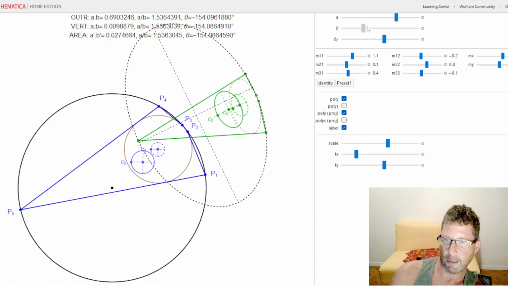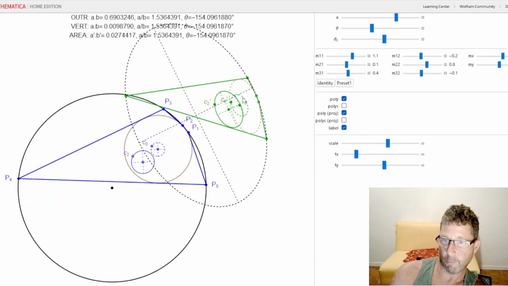As I'm doing this, I'm also observing what's happening to the aspect ratio of these two objects here, the two loci, C0 prime and C2 prime, vertex centroid of the projected image and area centroid of the projected image.